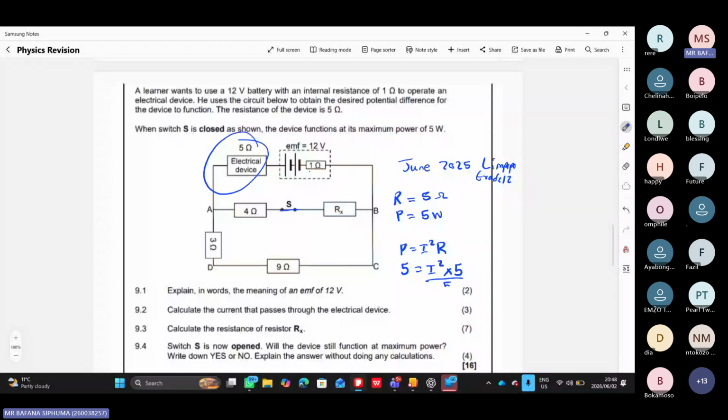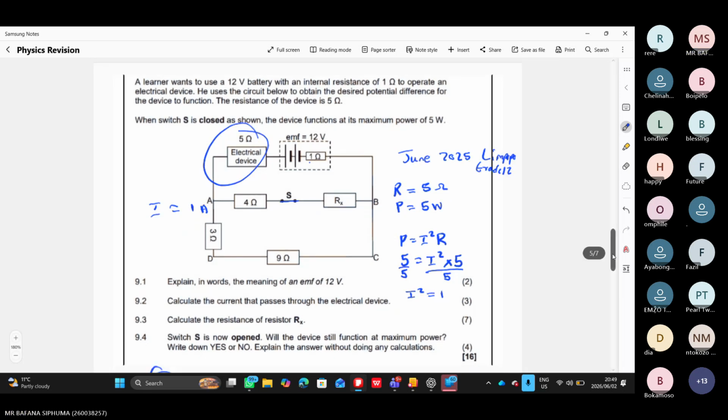Then you divide both sides by 5. You have I squared, which is equal to 1. And then your I will be equal to 1, not plus or minus 1, because a current can never be negative. I is equal to 1. So your current there is 1.